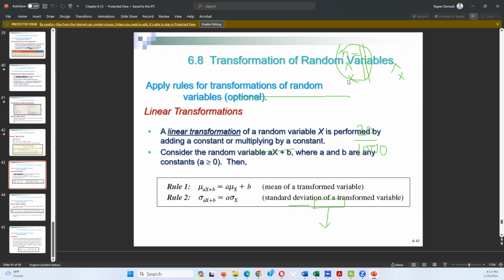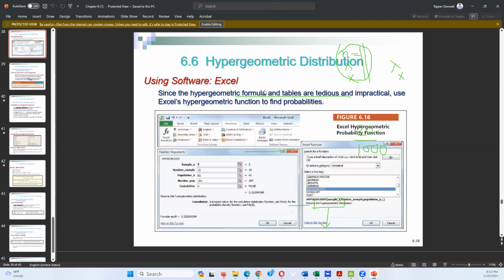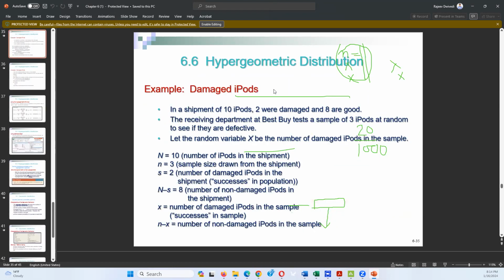In the exam, my focus is mostly on binomial and Poisson, a little bit hypergeometric, but binomial and Poisson are the 2 focus points.